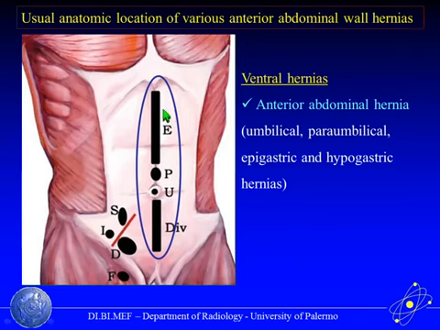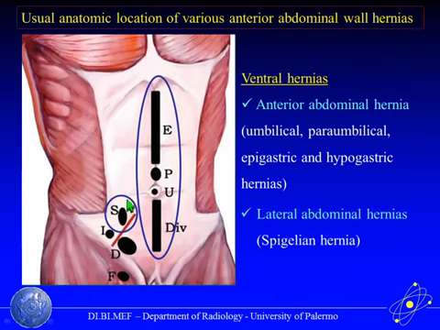This is the location of ventral hernias. Whereas the lateral abdominal hernias arise in this part of the abdominal wall, and the typical kind of lateral abdominal hernia is the Spigelian hernia.